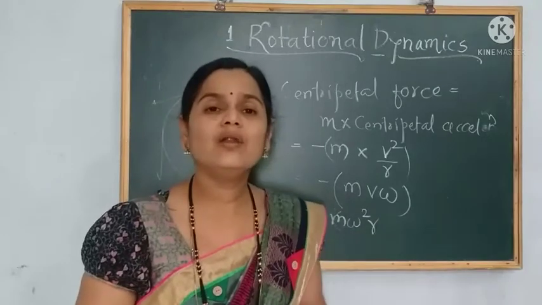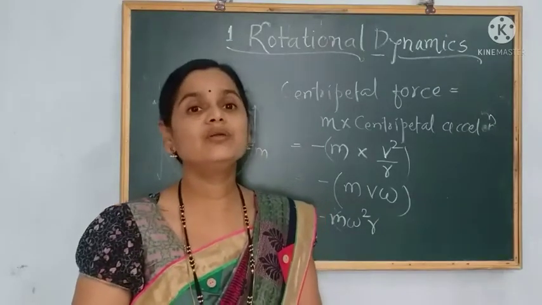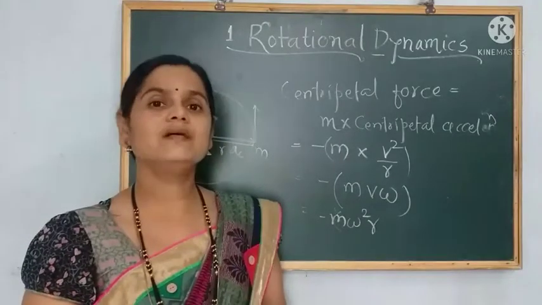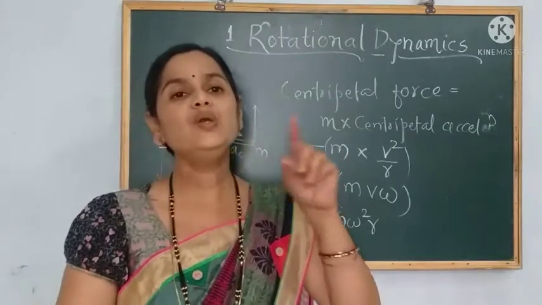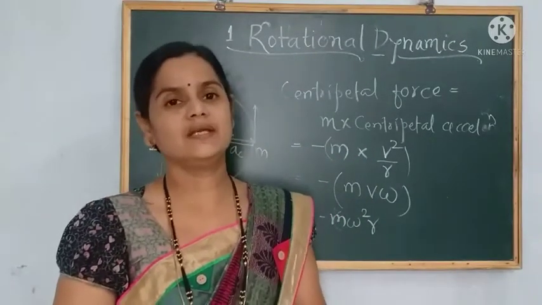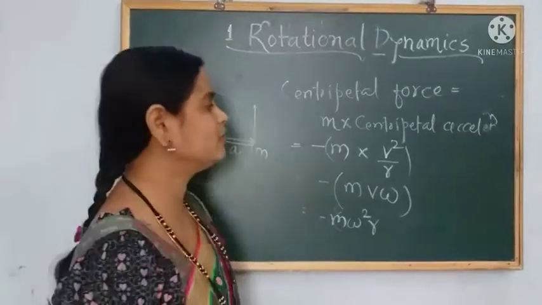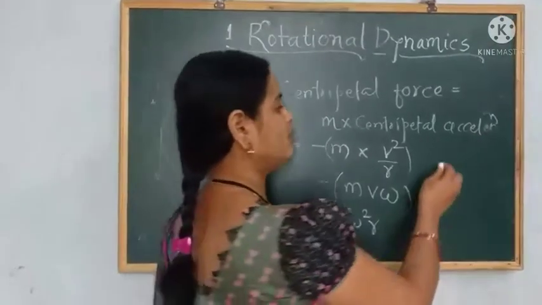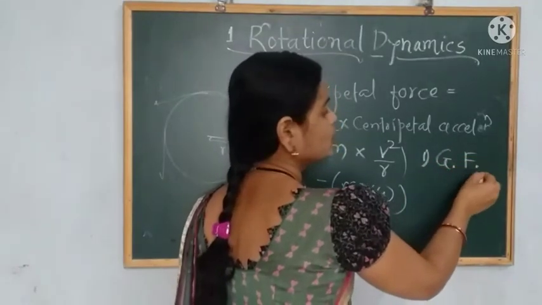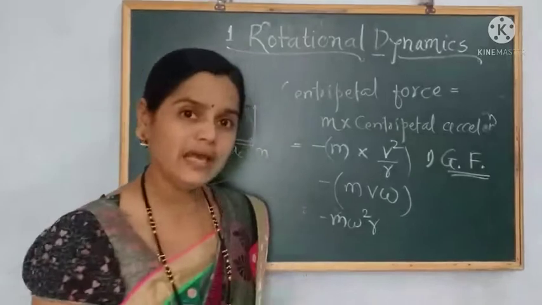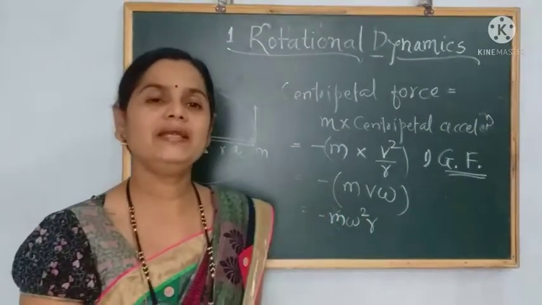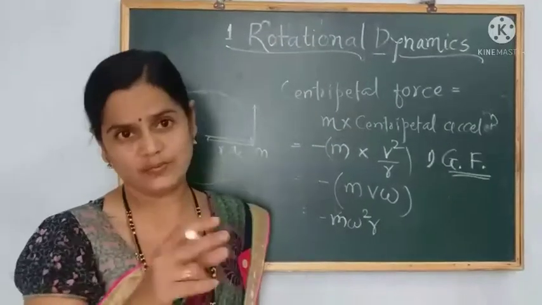During this circular motion, what is the centripetal force which keeps the earth or planets continuously revolving in a particular orbit around the sun? That force is nothing but the gravitational force. So gravitational force acts as a centripetal force and keeps the planets or earth in a circular orbit.